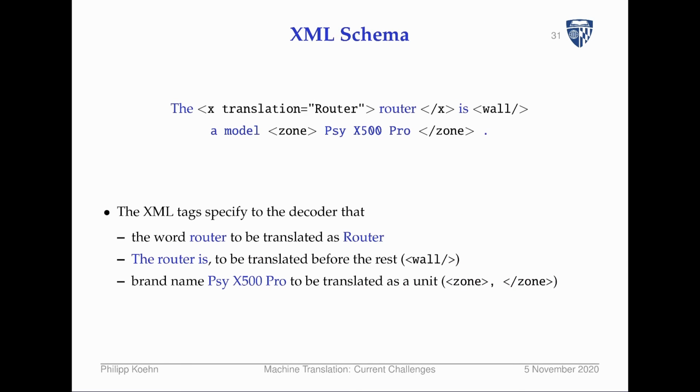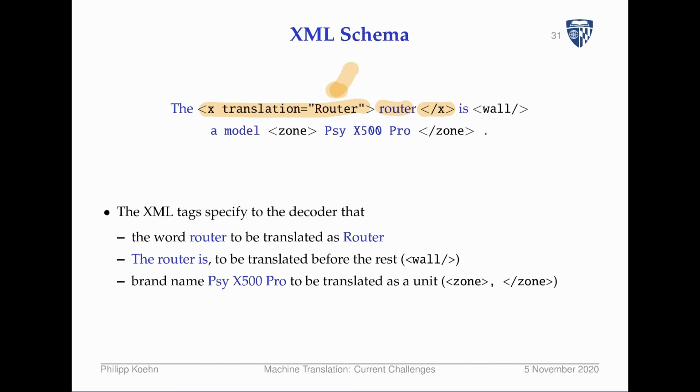We already talked about this, as I said, in the decoding session. One method that was developed for statistical machine translation was this markup scheme, which says, can you translate this word here, router, as also router in German, so that the technical meaning of a computer router is kept, versus maybe other more general meanings of the word router, where you actually might have a German word for it.